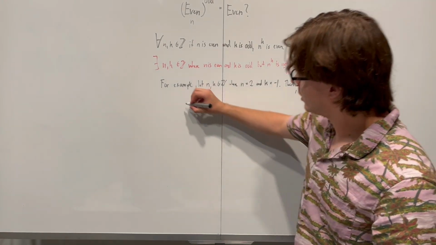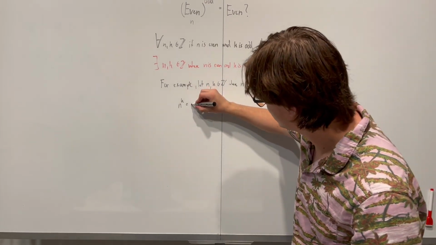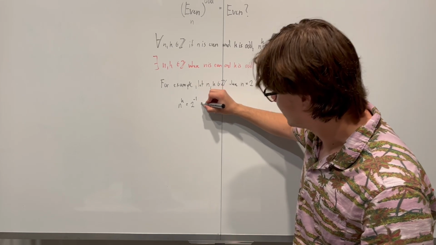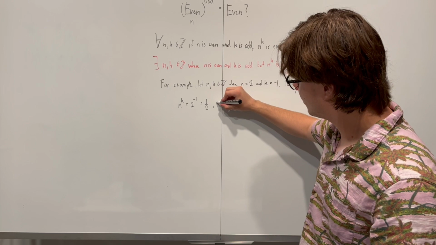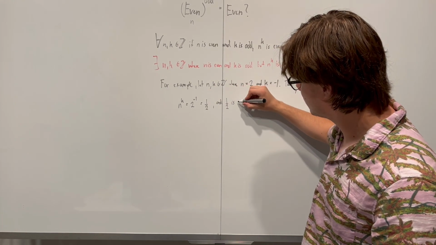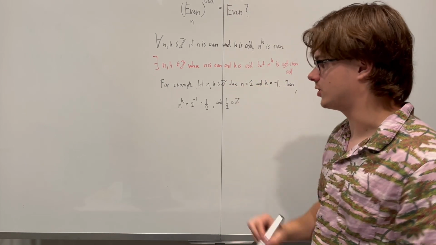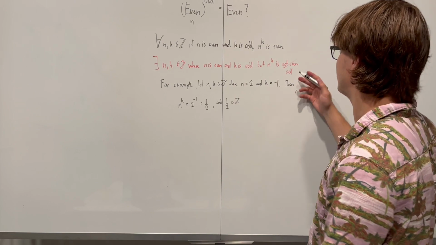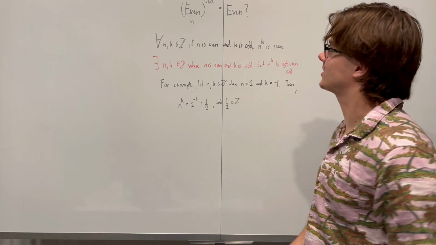Then we want to show n to the power of k is equal to 2 to the power of -1, which is equal to 1/2. And 1/2 is, first of all, it's not an integer, so it can't be even, and it can't even be odd, so it's neither of those, actually.